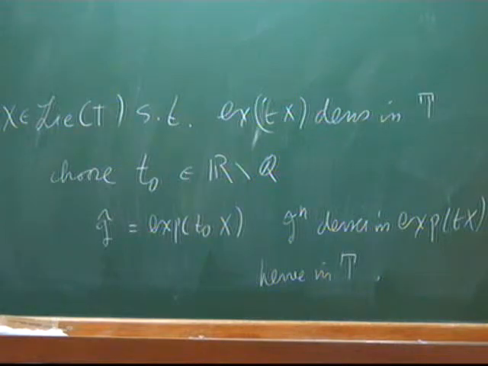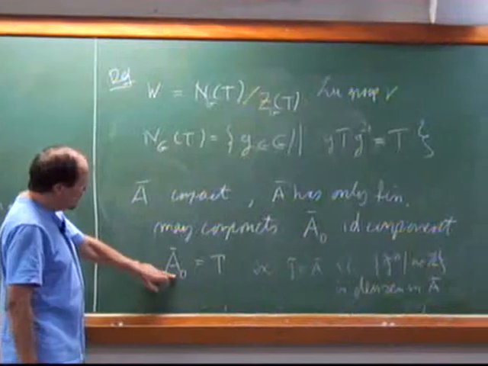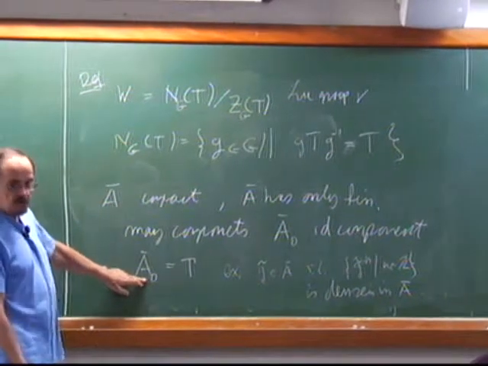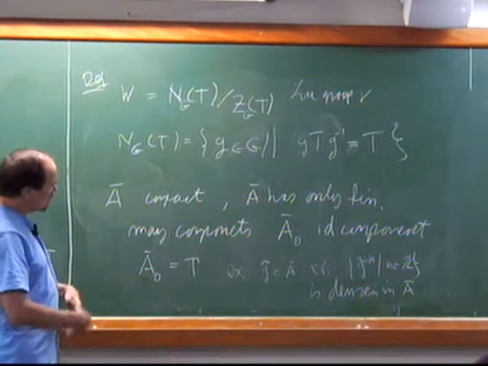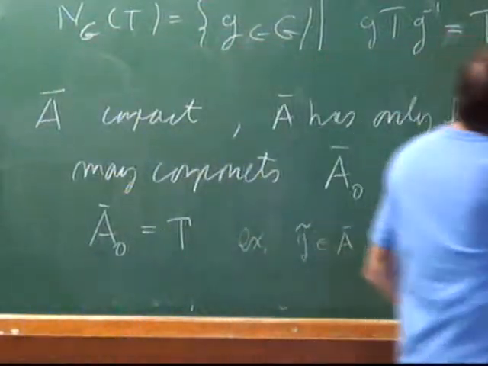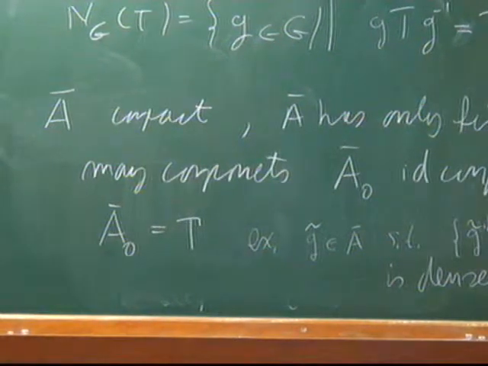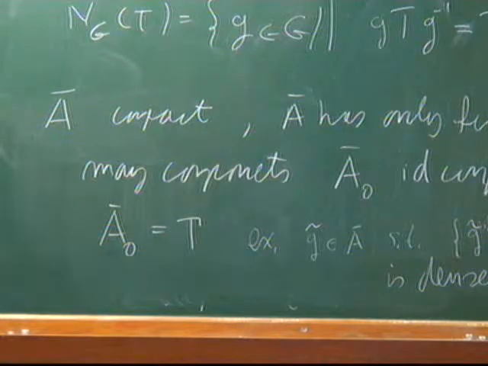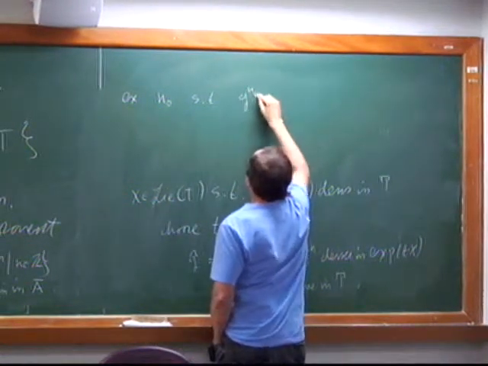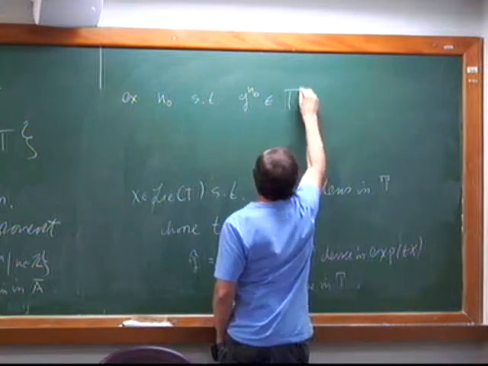And now I have this group A bar, whose identity component is a maximal torus, with only finitely many components. So I choose something in A bar so that some power lies in T. So there exists an n naught such that g to the n naught is an element in the maximal torus.